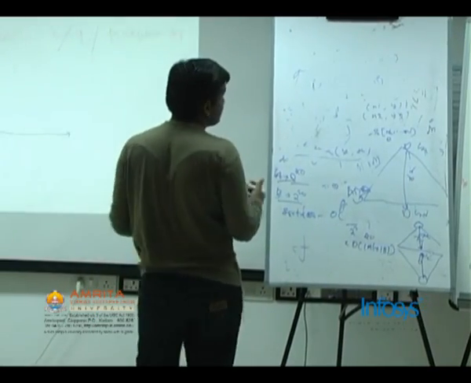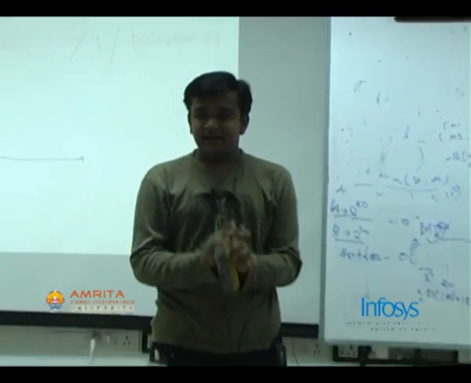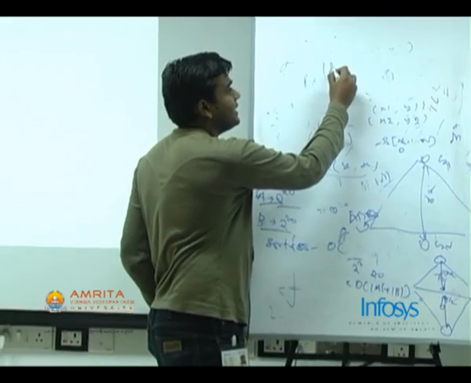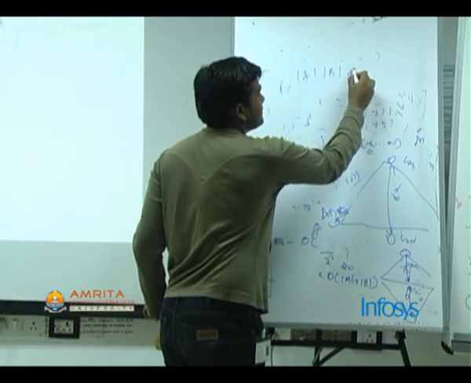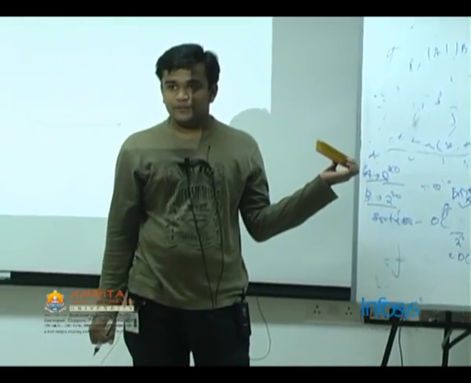Now the next thing is the cross product of two vectors. The magnitude of the cross product is given by the magnitude of A multiplied by the magnitude of B multiplied by sin theta. Here theta is the angle between these two vectors.